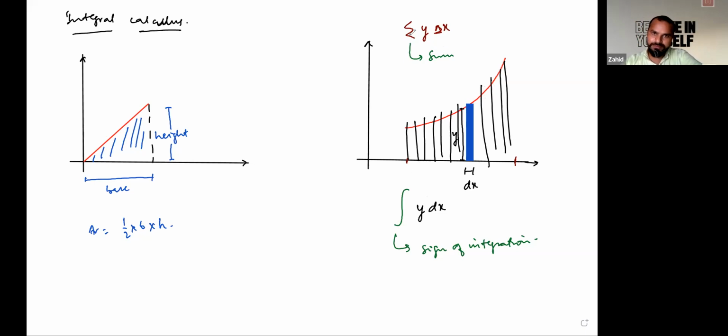This summation transforms to the sign of integration, an elongated S, and this way we can calculate the area of the curve. By putting y as the function defining this curve, we would be able to calculate the area or related quantities of the curve.